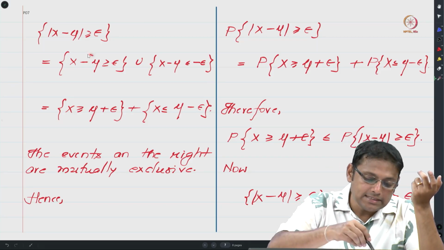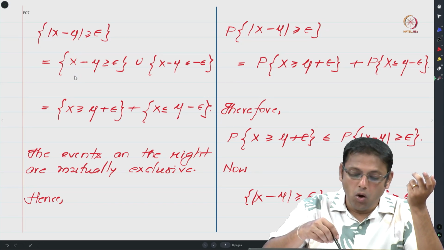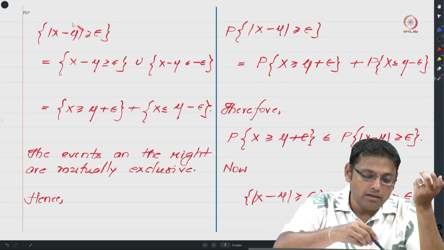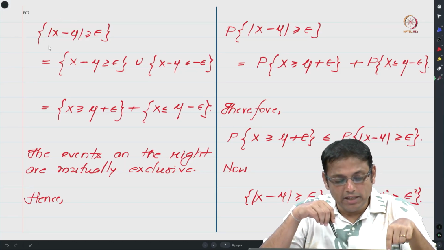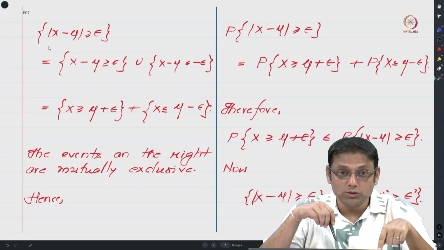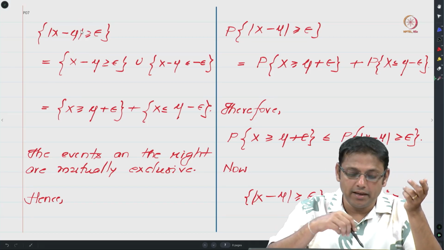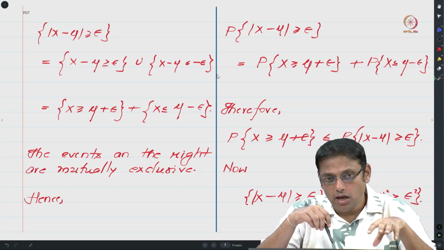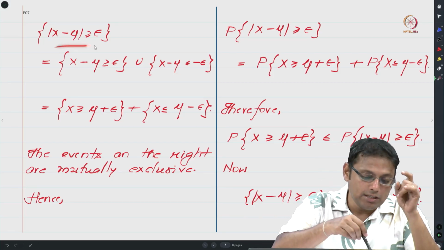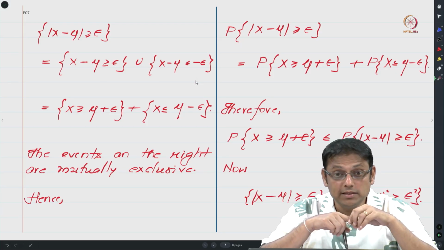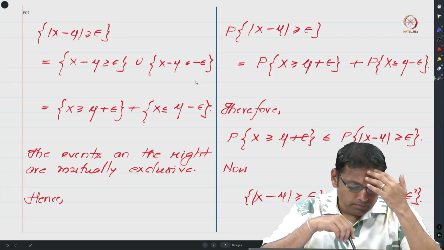So if your omega is such that this is bigger than epsilon or this is less than minus epsilon, then one can conclude that for that omega, the absolute value of X minus mu is greater than or equal to epsilon, and vice versa. So from that part one can see that this equality indeed holds, and importantly these are pairwise disjoint events, right.